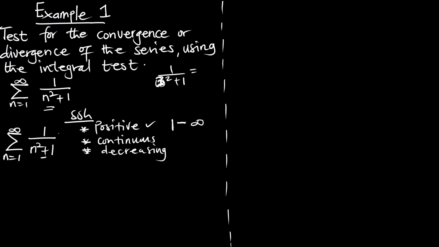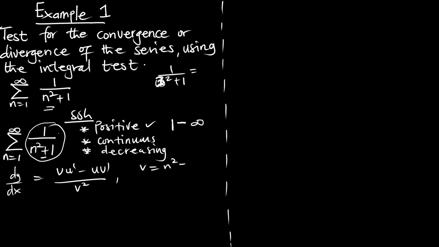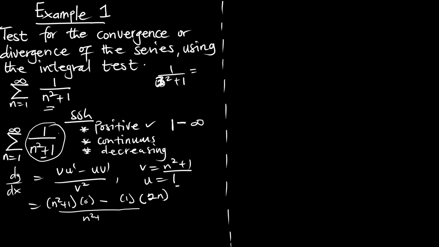Are we okay? Using the quotient rule, the first derivative dy on dx for this function is going to be, by the formula, v u prime minus u v prime, all on v squared. Here our v is n squared plus 1 and our u is 1. Putting it into the formula, v is n squared plus 1, the derivative of u is 0, minus u, which is 1, times the derivative of v, which is 2n, everything on n squared plus 1 all squared.